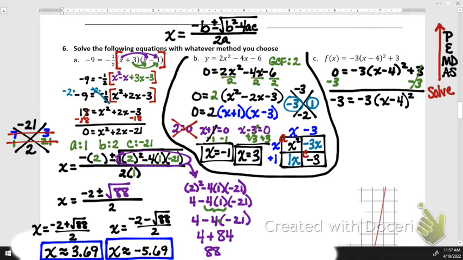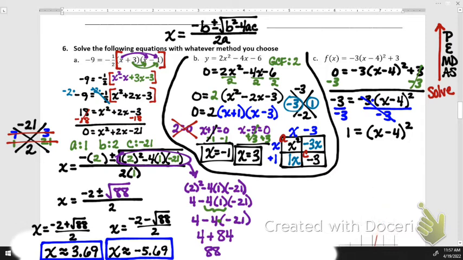You said do what next? Divide both sides by negative 3. Yes. We're going to divide out that leading coefficient. What is negative 3 divided by negative 3? So I have 1 equals (x minus 4) squared. And then you square root that.